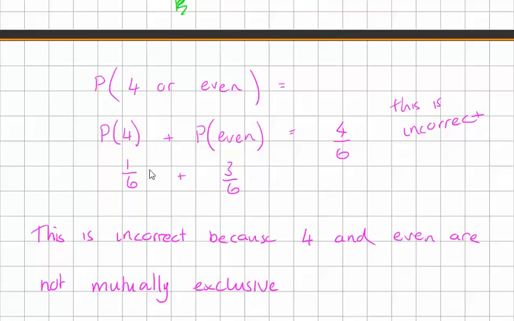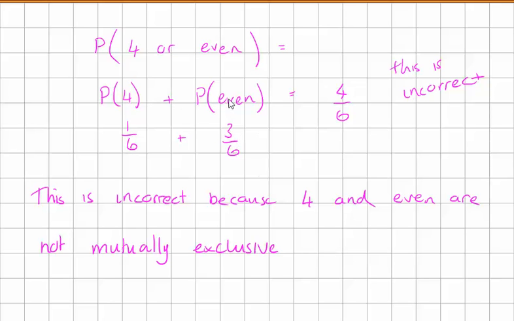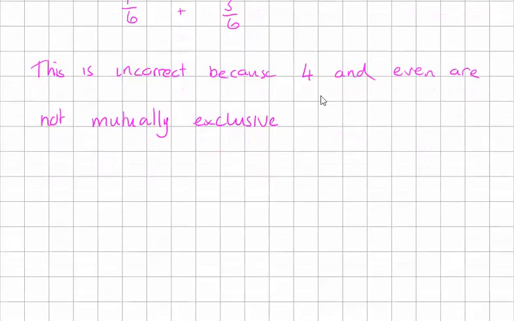So I can't add them together, because actually how many numbers are 4 or even? Well, 2, 4 and 6, so that makes only 3 numbers. So it should be 3 out of 6, because 4 and getting an even number are not mutually exclusive, so we have to take that into consideration.